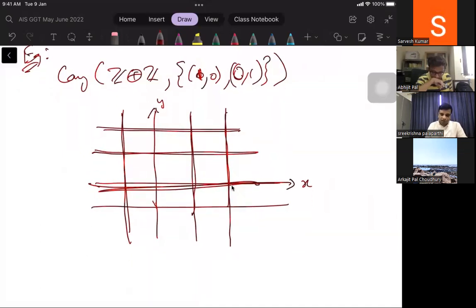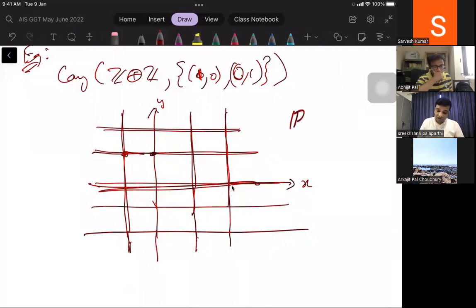Now the goal is, if we put a path metric here, so that any two vertices are at distance 1 if they are connected by an edge, we want to be able to see that this looks like R2. Why do we want to do that?